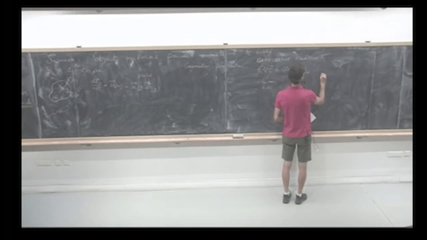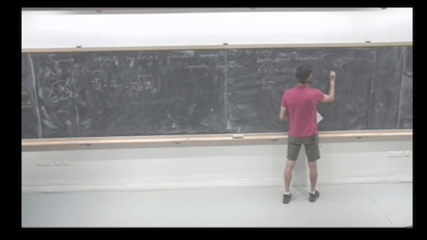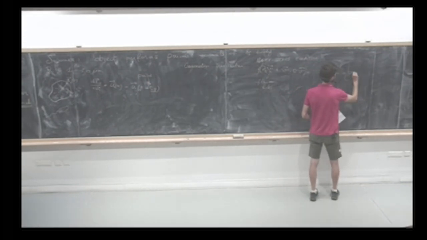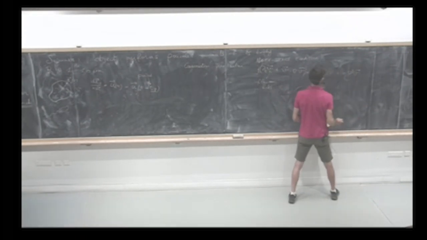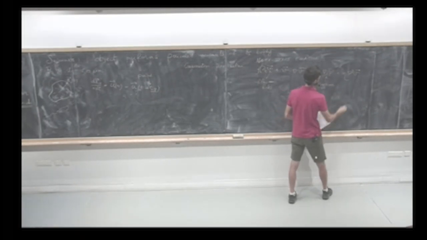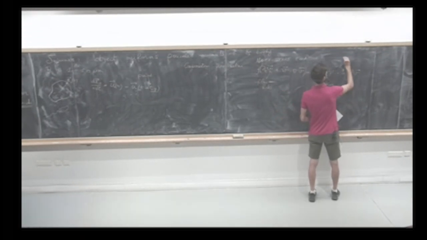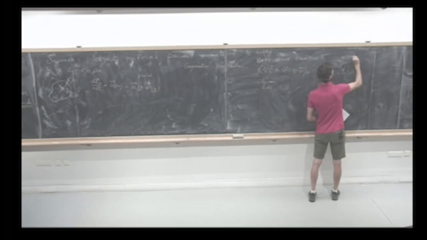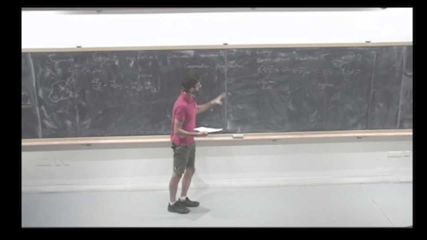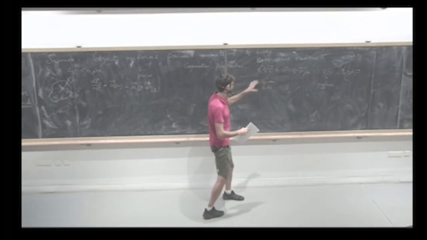And all that is due to the forces, which are the pressure gradient and the viscous forces. Eta is the viscosity of the fluid. This tells us how momentum is conserved.